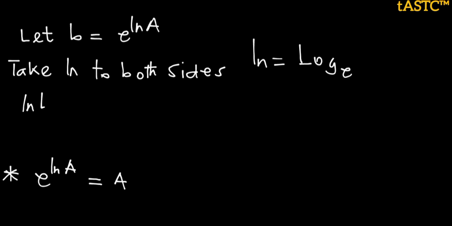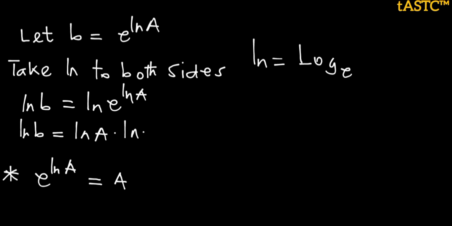So this will be ln b, and on this side we're going to have ln of e to the power of ln a. Now from the laws of logarithm, just the one we proved lastly, you know that this could actually go to the front. So this is going to be ln b, and this will be equal to ln a multiplied by ln e.